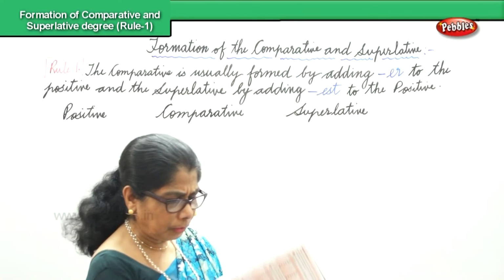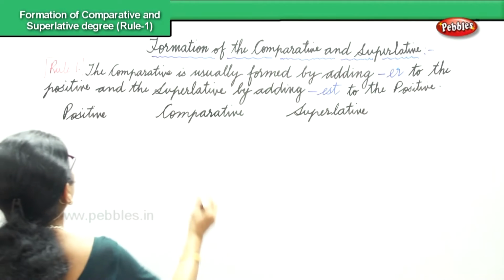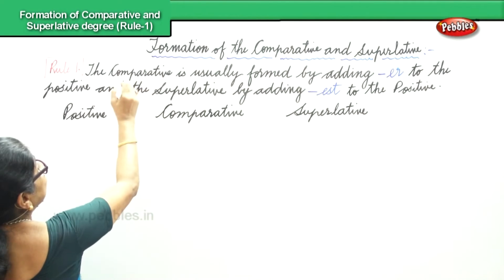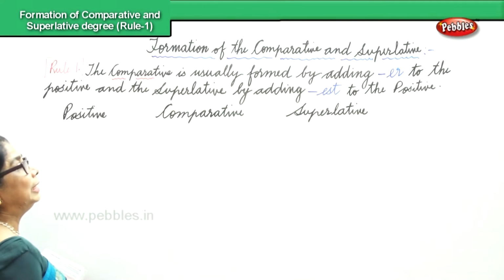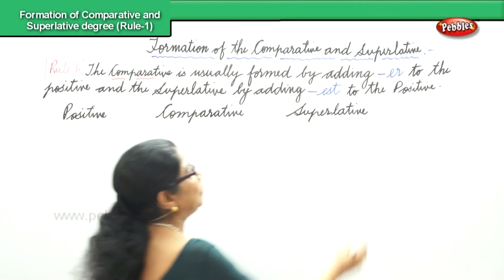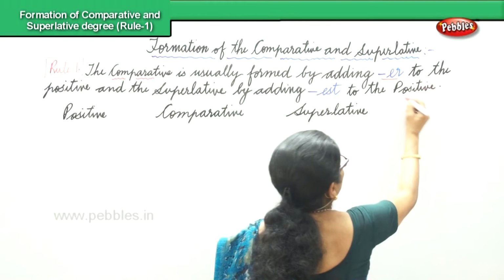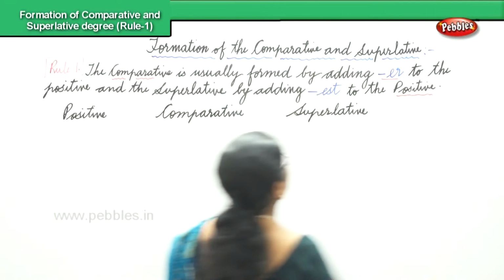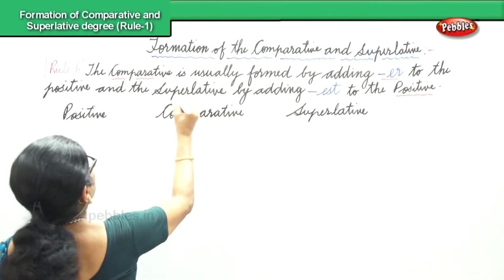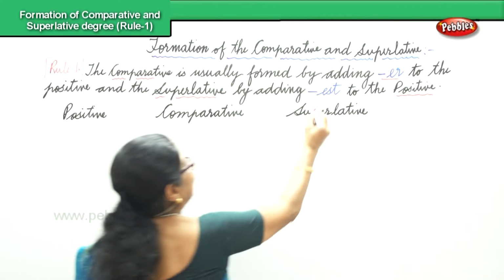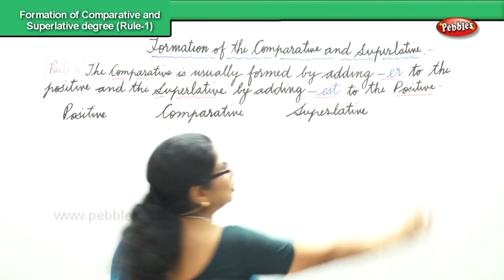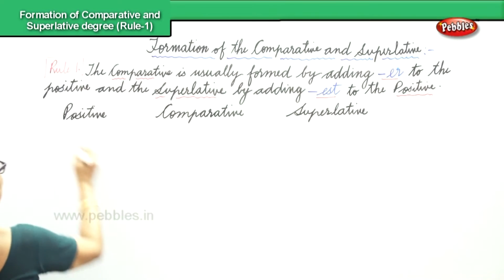Now, look at this. We are talking about the comparative degree, which is usually formed by adding ER to the positive. And the superlative is formed by adding EST to the positive. So that's what we are going to do.